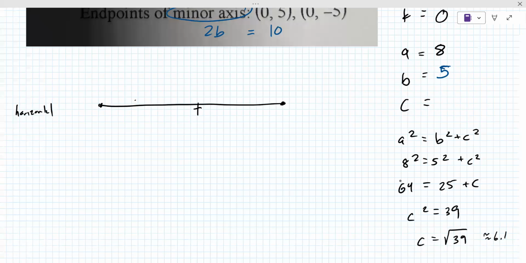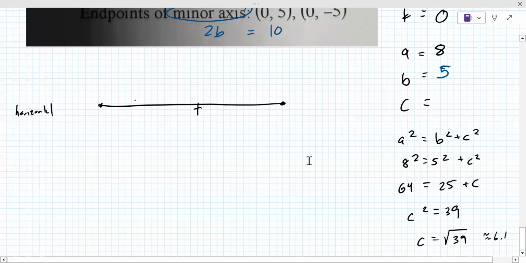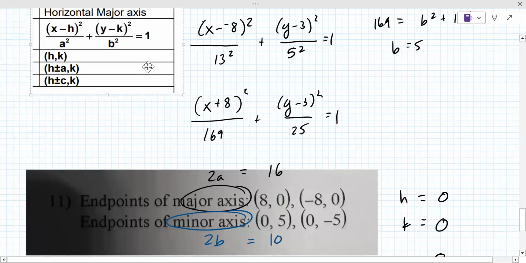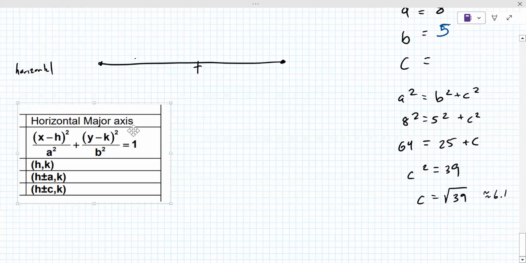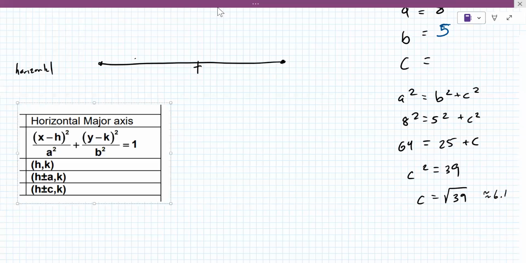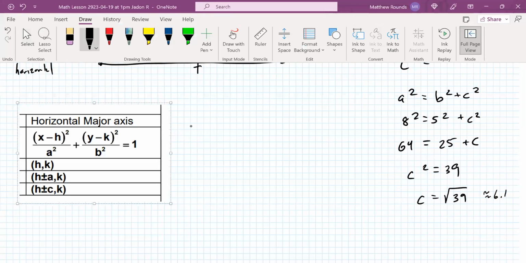In case you have to graph it, you want to know roughly where it is rather than going to the calculator, especially if you don't have it. Go back and grab the equation again and put the numbers in.